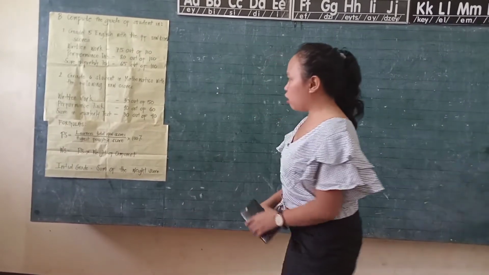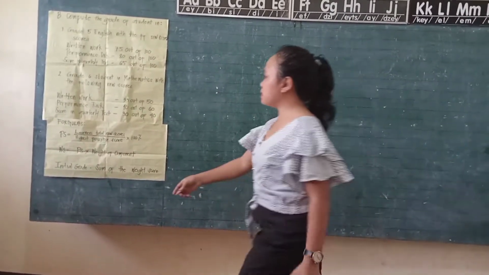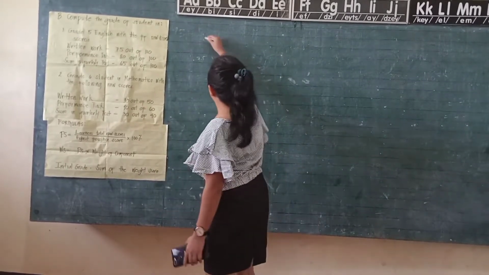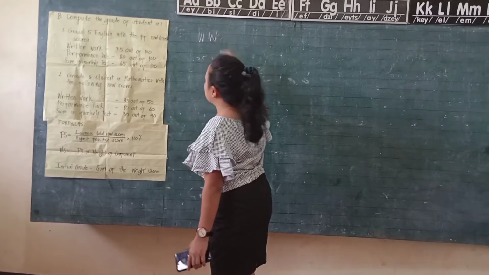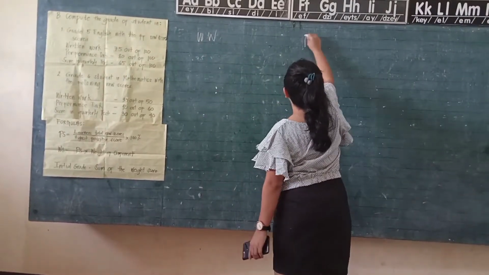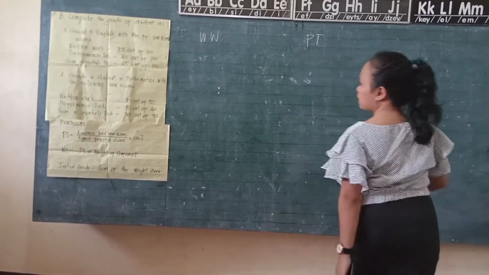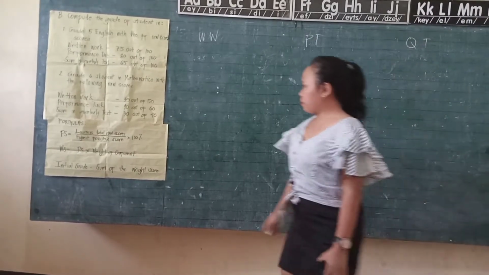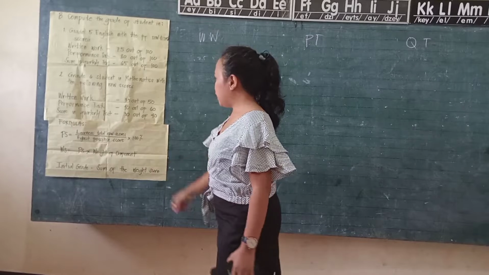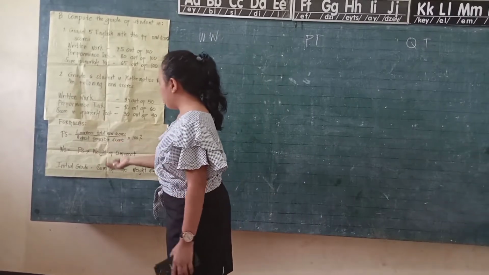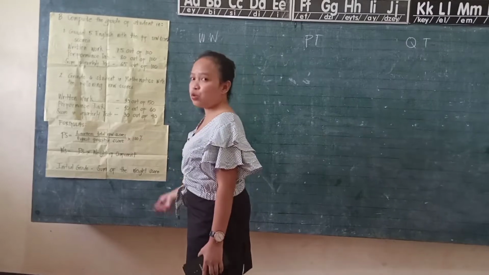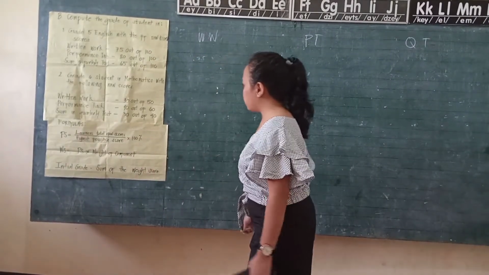So first, we are going to find the percentage score of the student. So this is for the written work, performance tasks, and the quarterly test. So the formula is the percentage score equals learner's total raw score divided by highest possible score times 100.